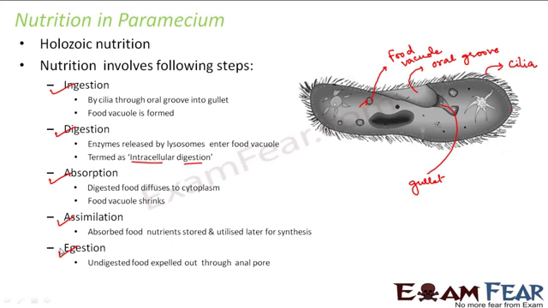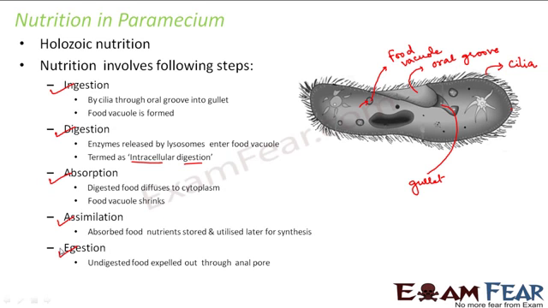So some changes in paramecium are that here we have a specific location through which intake of food happens, that is the oral groove. Similarly, there is a specific location from where the waste products are excreted, that is the anal pore. The shrunken vacuole and the undigested food will reach the anal pore. The anal pore will rupture and expel them out.